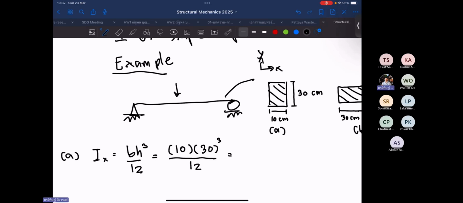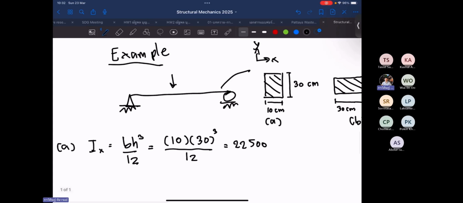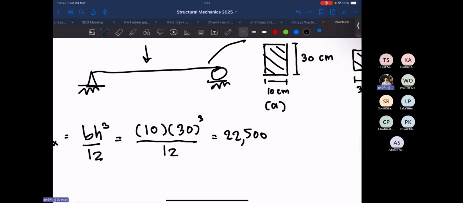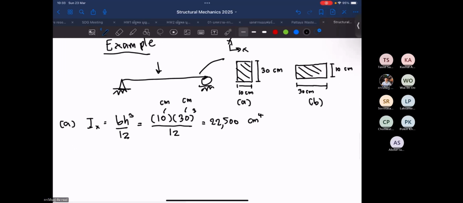Then you can hit your calculator: 10 multiplied by 30 cubed divided by 12 is 22500. And please don't forget the unit. This one is very important. This unit is in centimeter, this one is also centimeter, so centimeter multiplied by centimeter cubed, the grand unit will be centimeter to the power of 4.